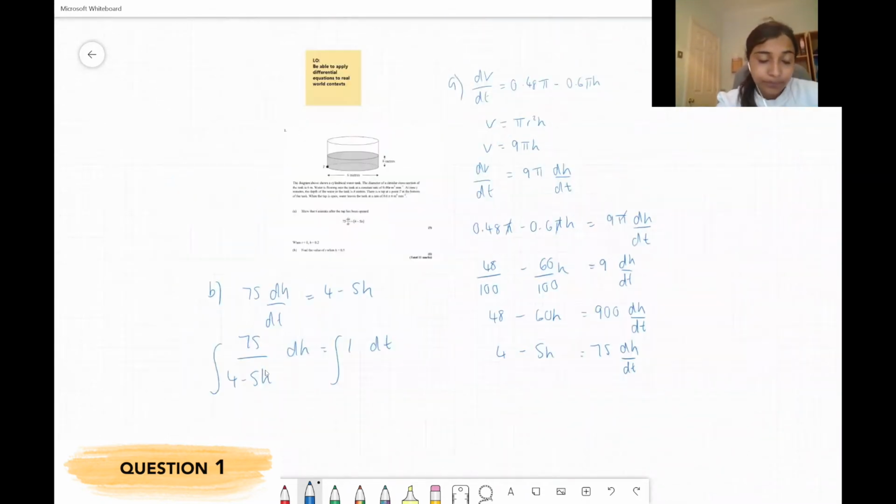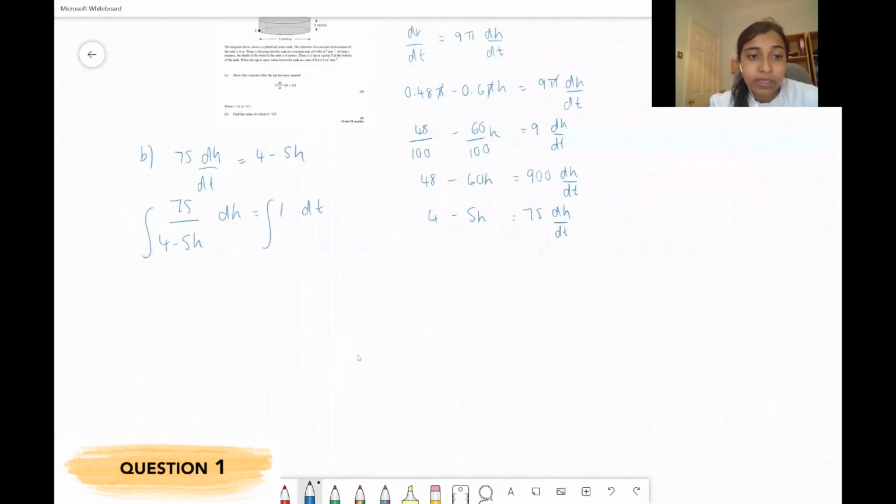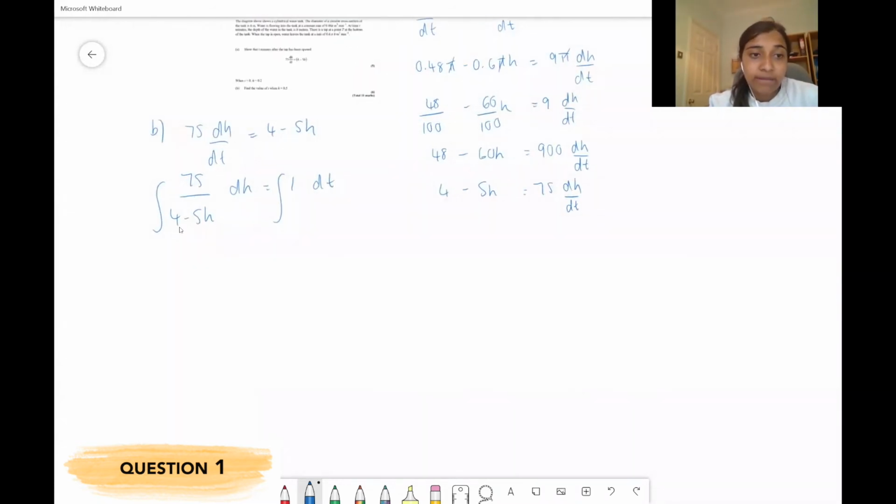Now we can integrate both sides. We want to integrate 75 over 4 minus 5h. If we have f of h equal to 4 minus 5h, then differentiating to find f dash of h, we just get minus 5.